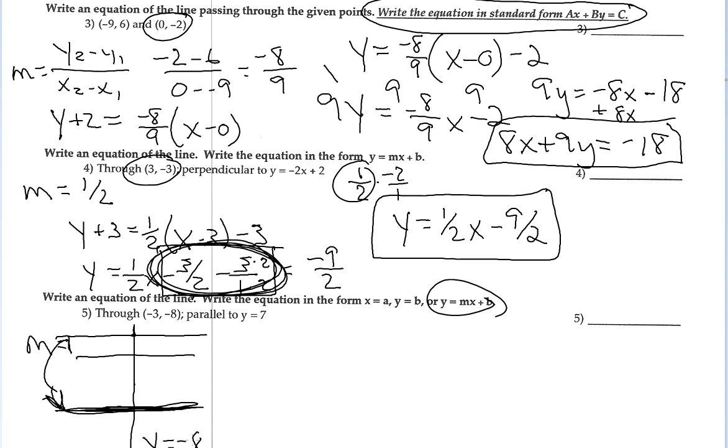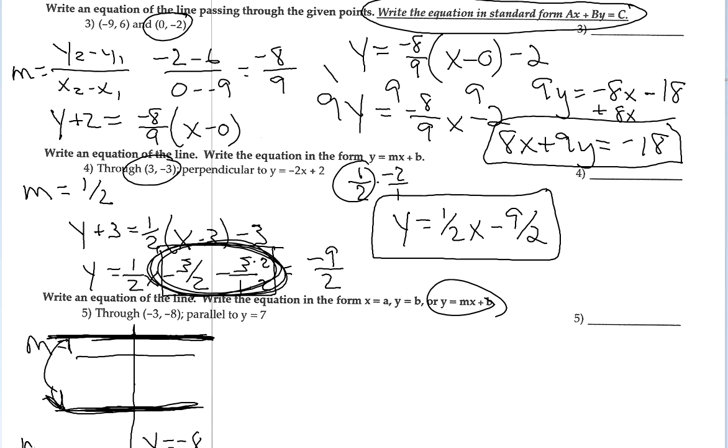Alternatively, we know the slope of a horizontal line is 0. This slope of y equals 7, if it's parallel to that, then it's going to have the same slope, and the slope is 0.